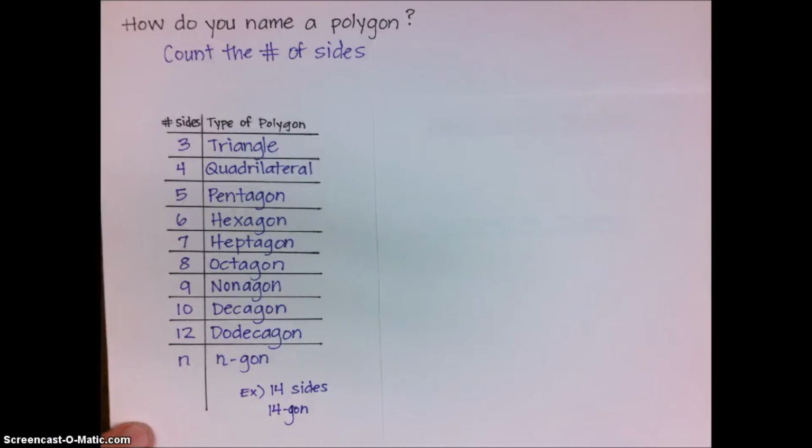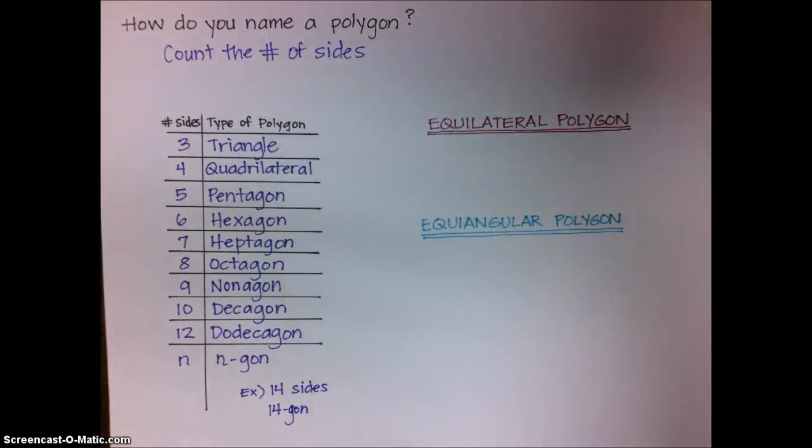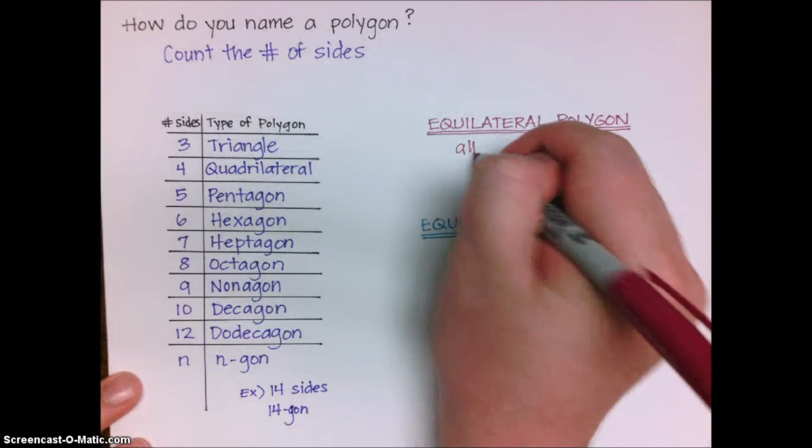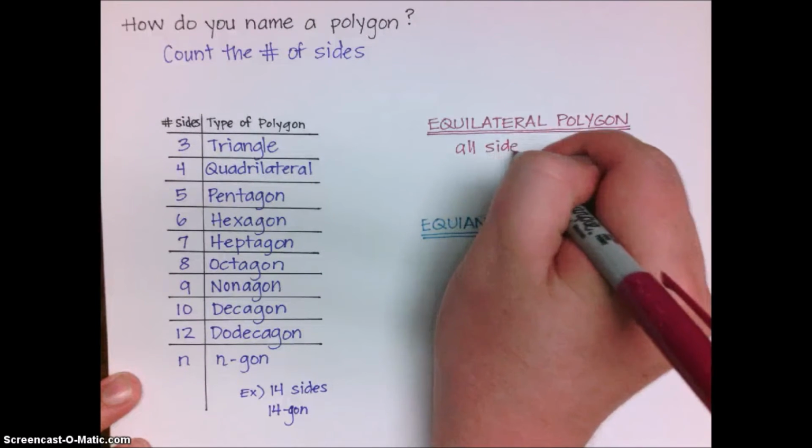Now there's one more thing that I'm going to show you, and these are 2 terms. One is an equilateral polygon and another is an equiangular polygon. So what's the difference between those? Well, we would say that a polygon is equilateral if all sides are congruent.